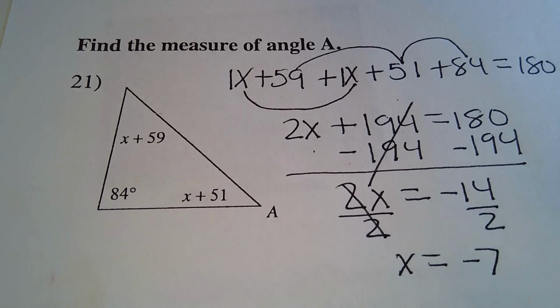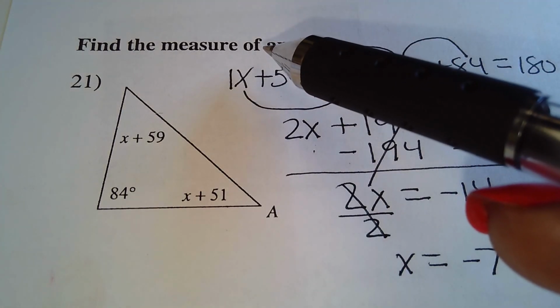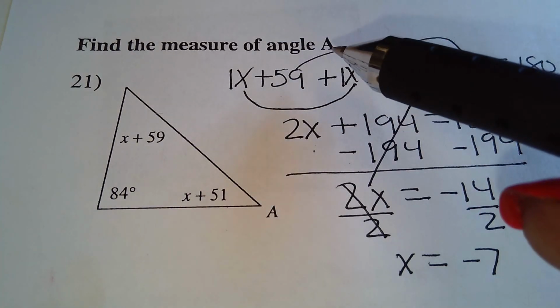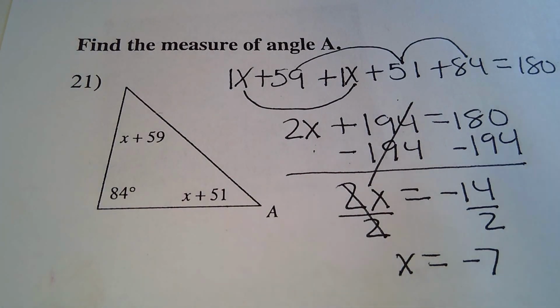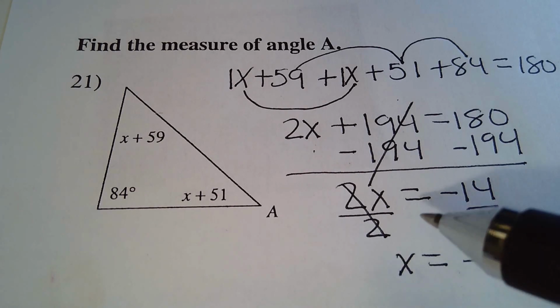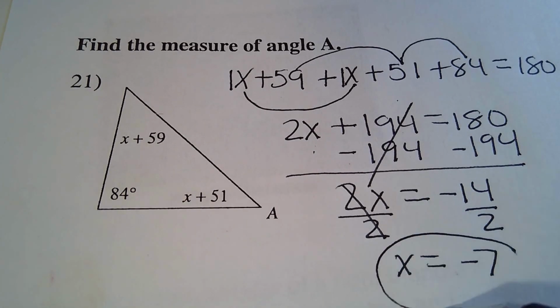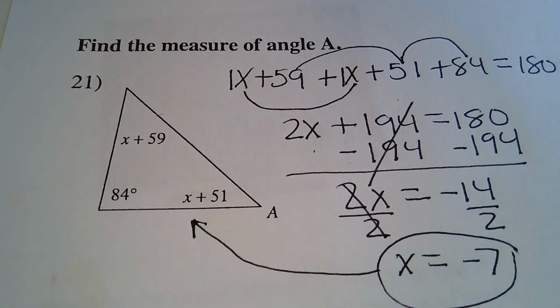So we're almost done because they're asking us to find the actual measurement of angle A. All we found is what x equals. So now you have to take it a step further and go ahead and plug your value for x into the angle.